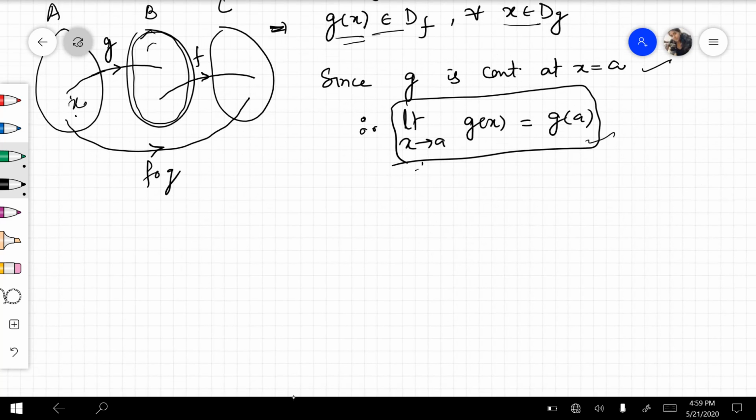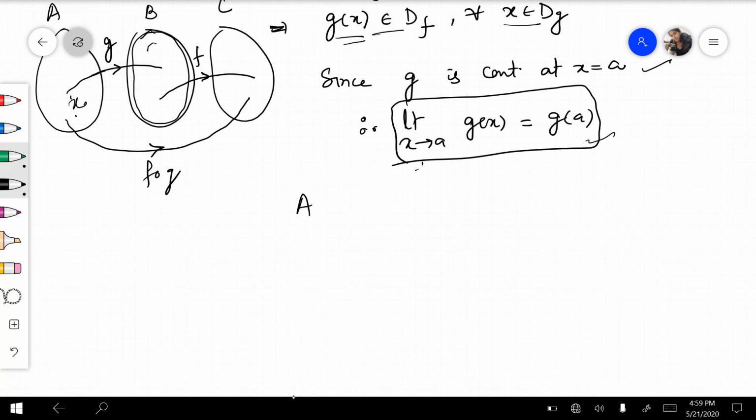Also, we were given that f is continuous at g of a.